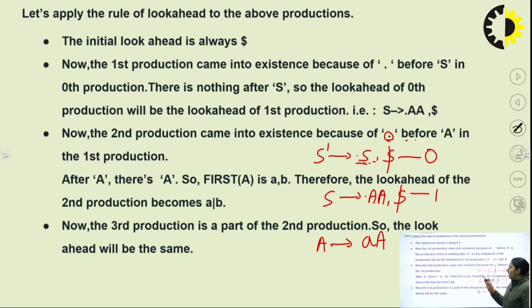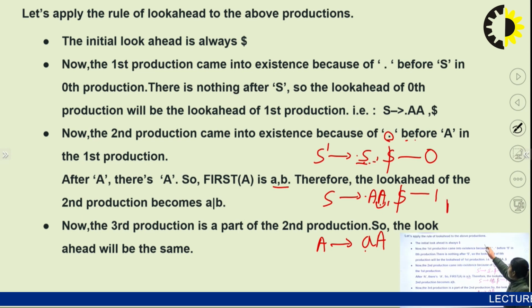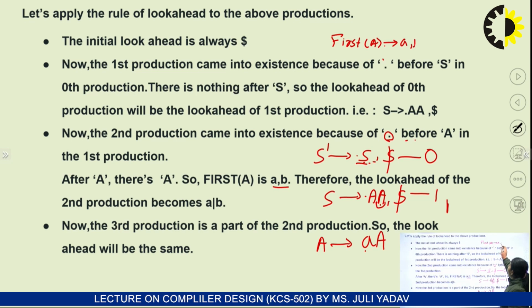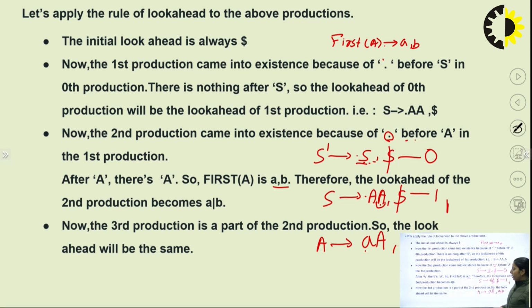After A there is A, which is a non-terminal. Using case 1 we have to find the first of this A, and the first of A is A comma B. Then the lookahead of this production is A slash B.